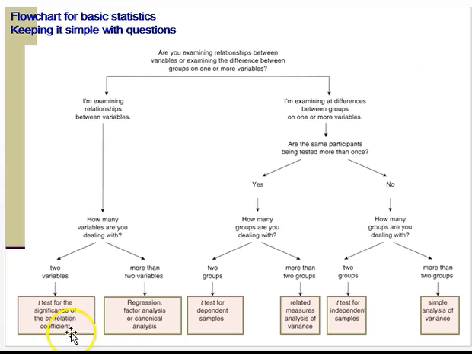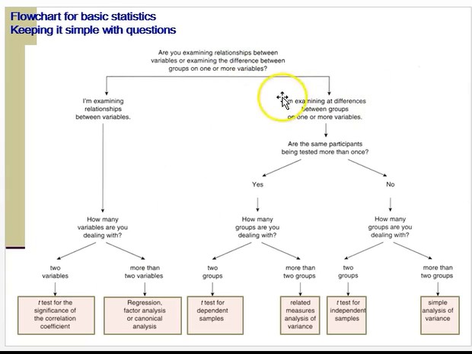If it's only 2 variables, oh, well, there you go, it's a correlation. Right? If you're looking for more than 2 variables, you may be into a regression, factor analysis, or a canonical analysis. So again, keep in mind that there's multiple tests underneath each of these. Some keys will break them out farther than others, but at least it's getting you towards a more specific group of tests that you can look through.